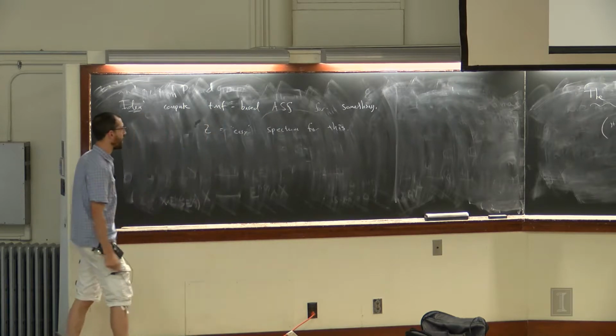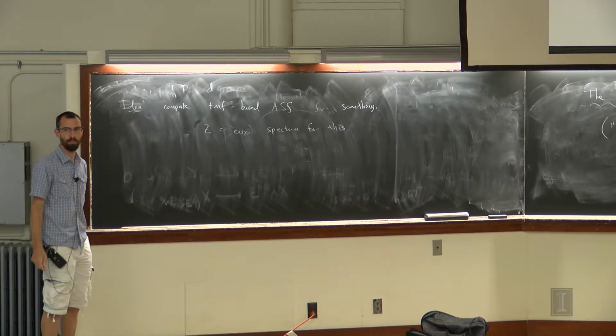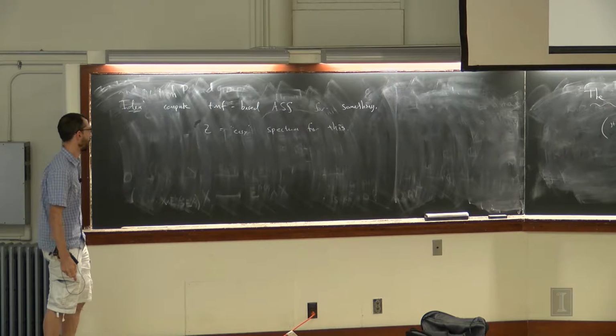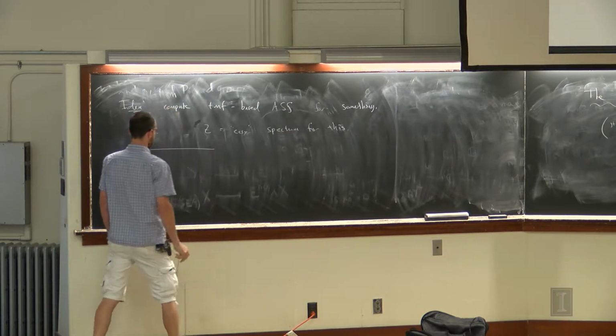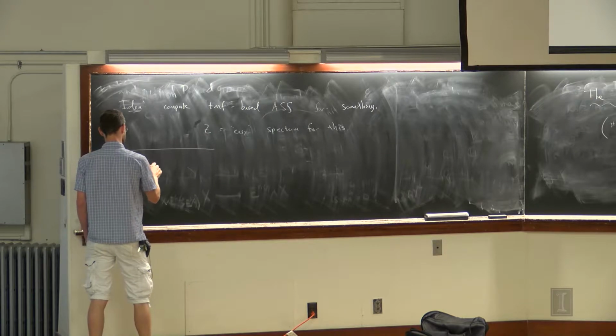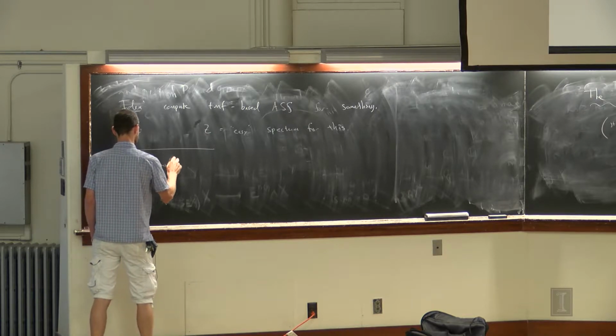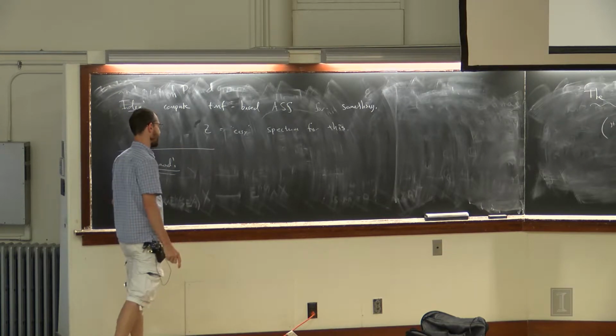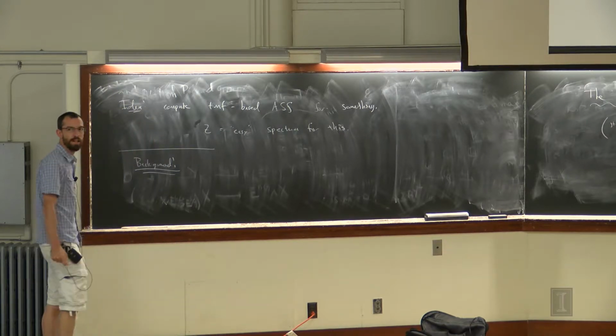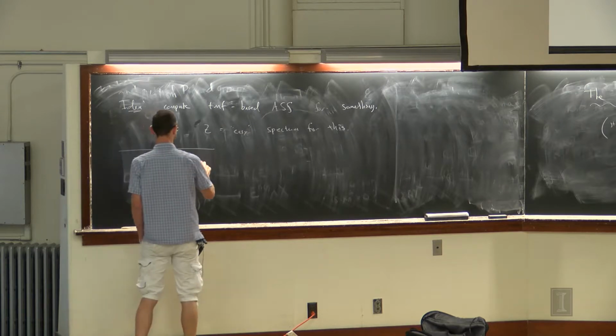Okay, so let me just give you a bit of background here. Why are we doing this? So background. Mark Mahowald did extensive computations with the BO-based Adams spectral sequence.